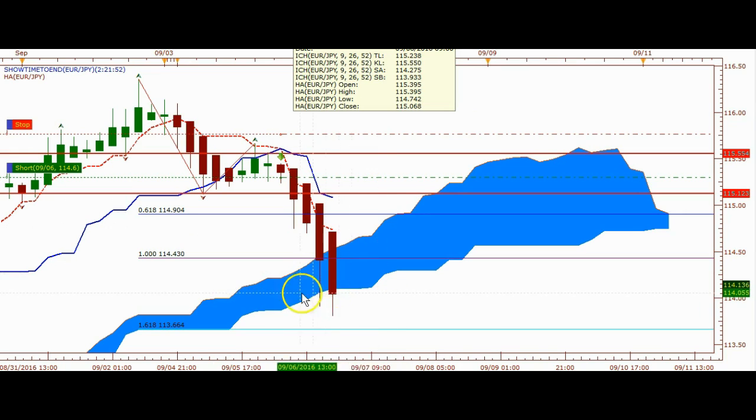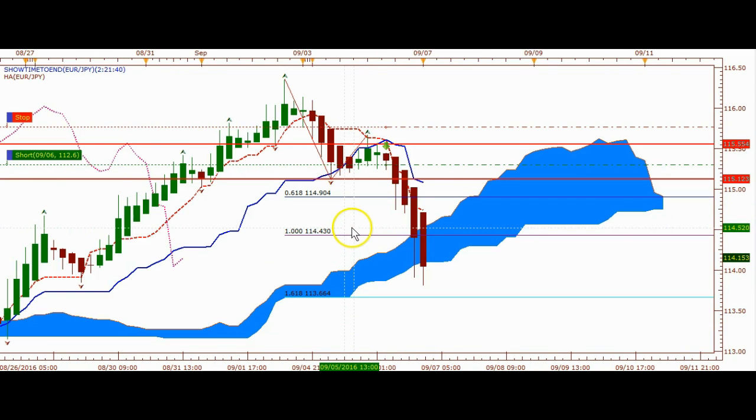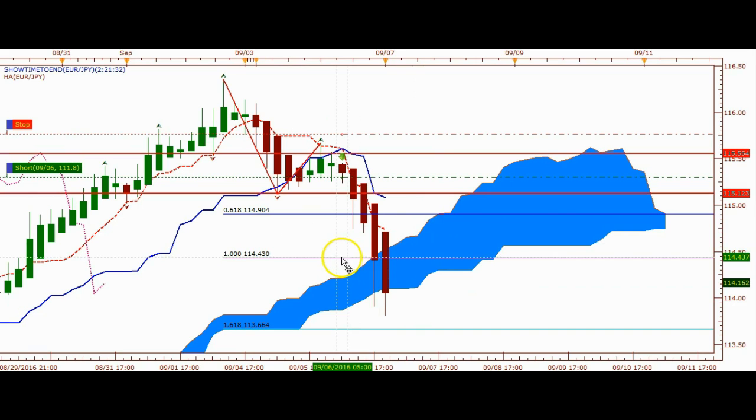I want to see if the market could continue to violate this cloud here. Now we may see a pullback, but I like to keep staying inside the trade until we get a close above Shinkansen. So don't get confused though, because you could lose some profit this way.